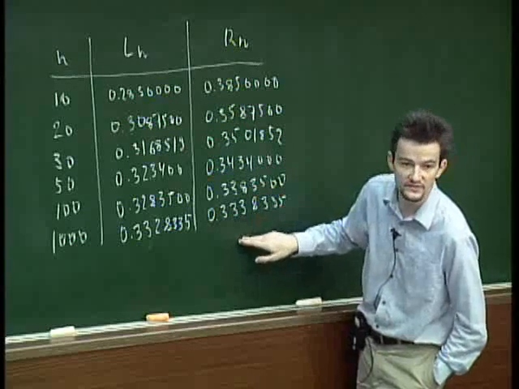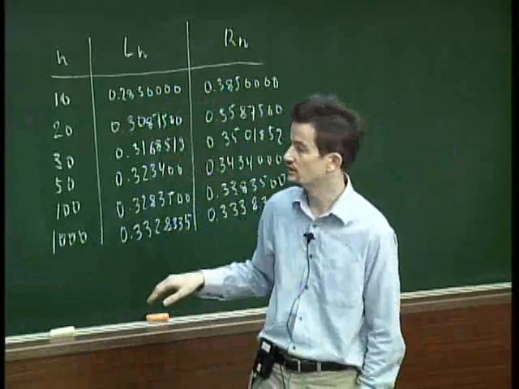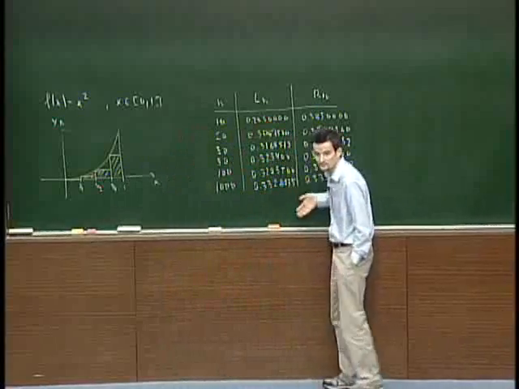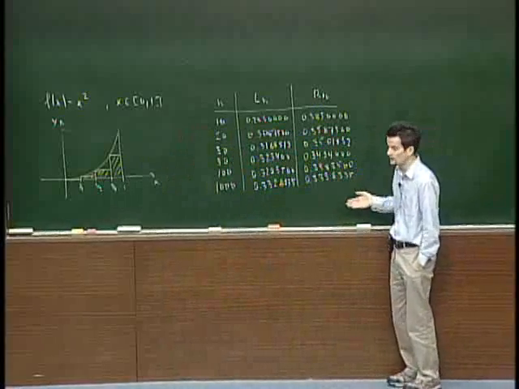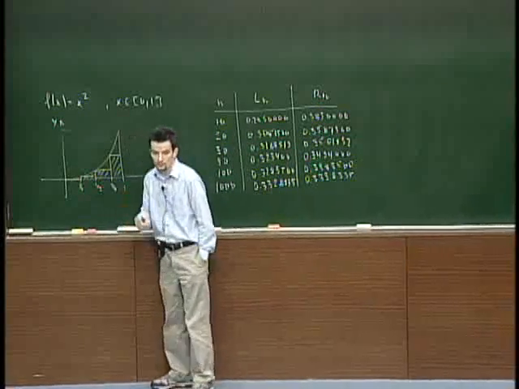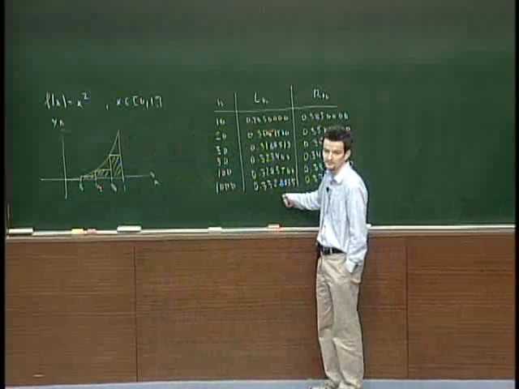So what you observe from this data is that, using such a numerical method to approximate the area, the speed of convergence is very, very slow. You have to divide this interval into 1,000 subintervals, and you still do not get a very good approximation.